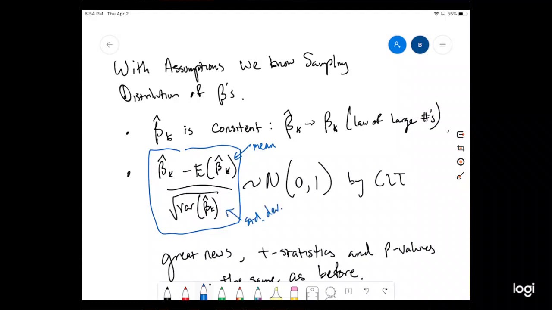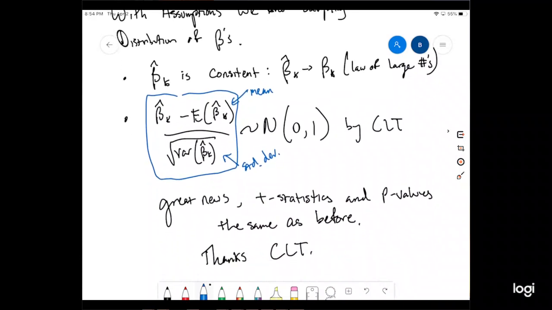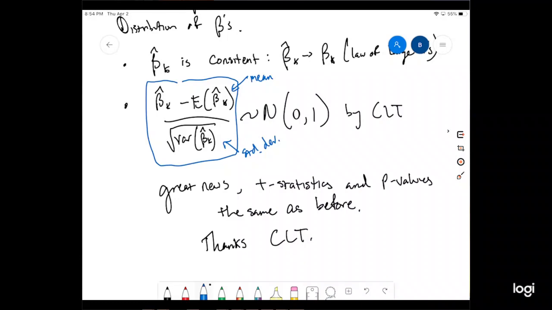In practice, that turns out to be the standard error of beta hat k, and this is approximately normally distributed with mean 0 and variance 1 by the central limit theorem. So great news, the t-stats, p-values, and confidence intervals are the same as before. Thanks, central limit theorem.